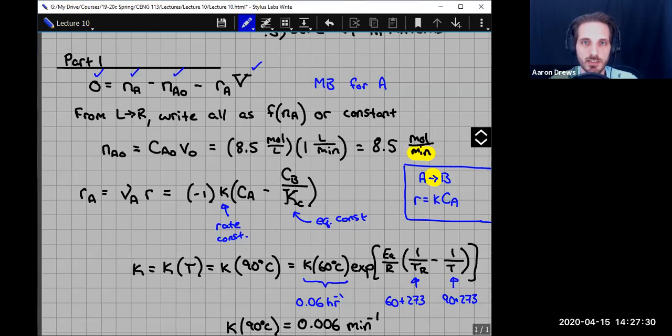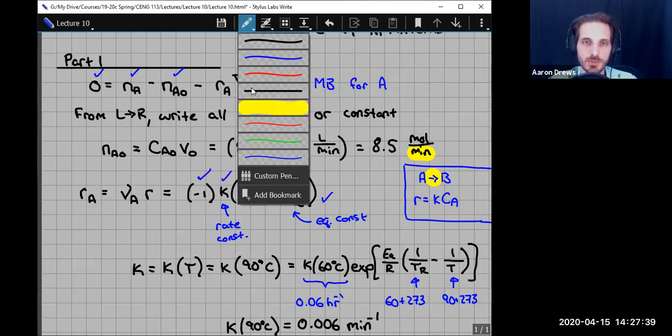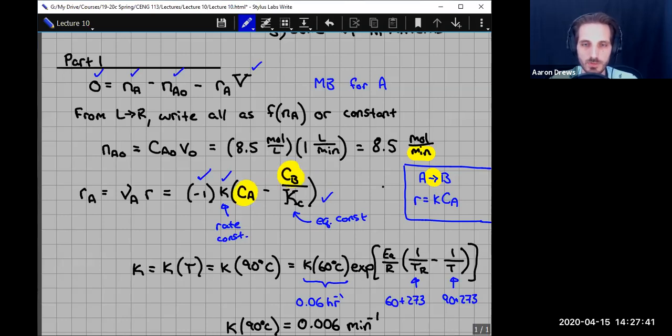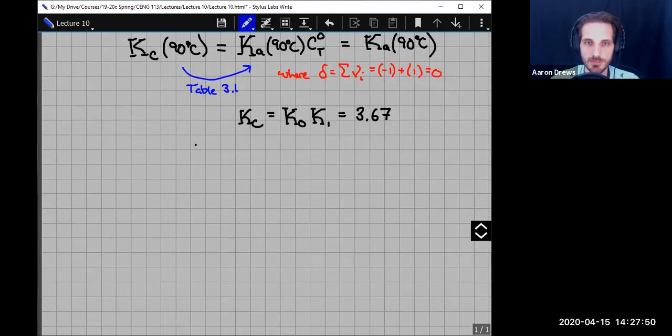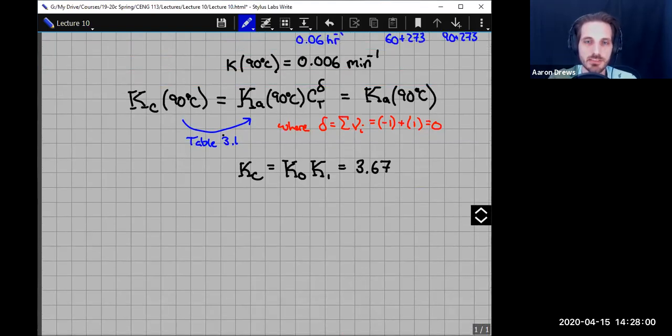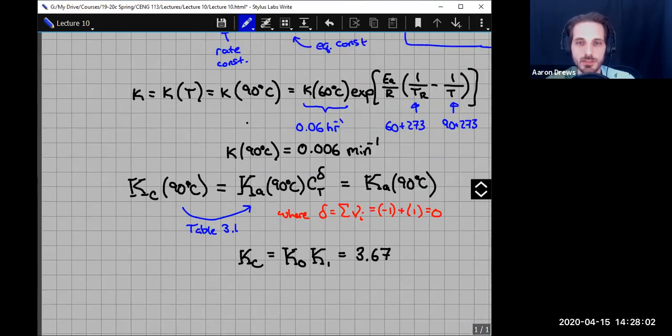Let's go ahead and knock out some of the things that we've got. So we definitely know -1, not a problem. We know K. We just found K sub C, but we're still left with CA and CB. So we have to either write those as numbers or write them as functions of N sub A. In order to do that, we use the definitions of C sub A. Why are we finding K0, K1 if Kc is equal to Ka times Ct times the delta?